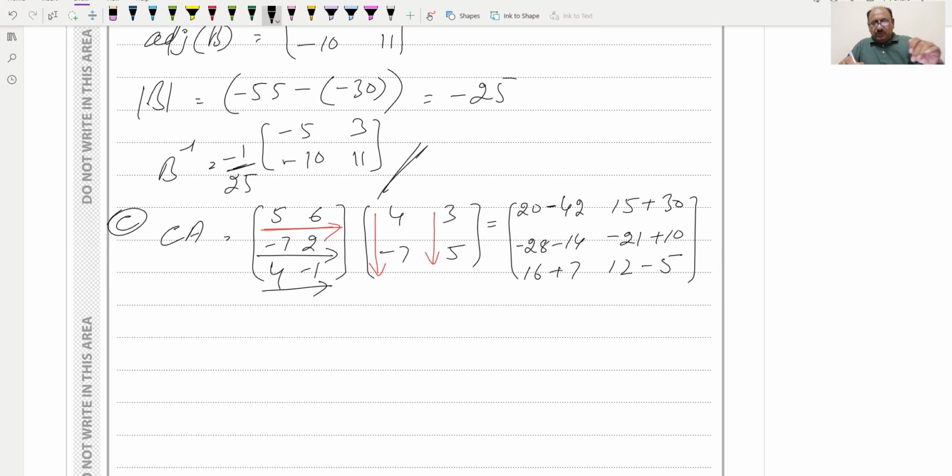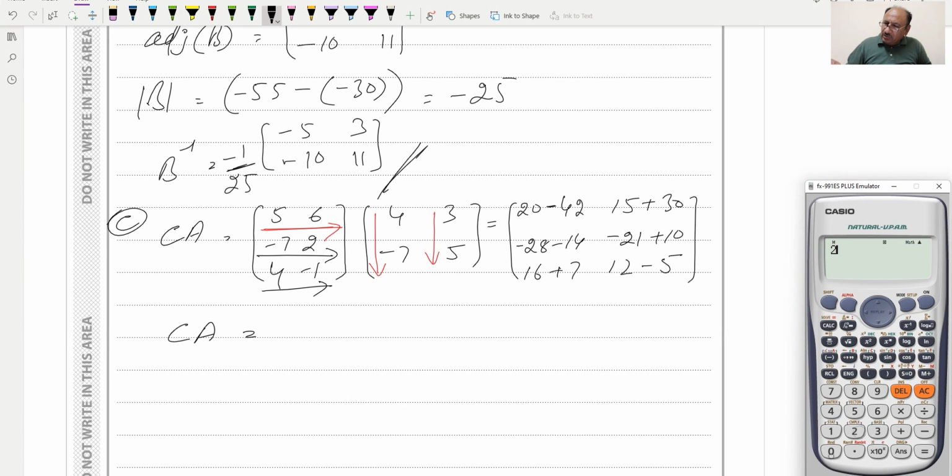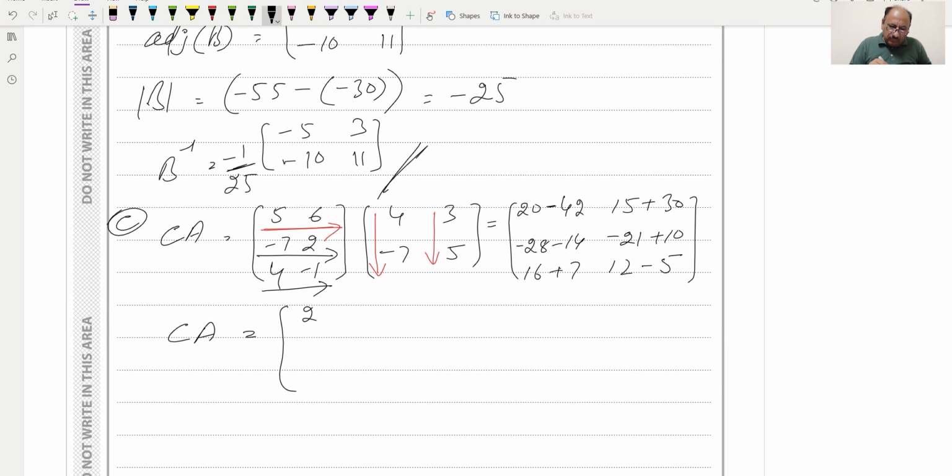Now we can write the final answer for CA. 20 minus 42, we can use calculator, is equal to minus 22, so we can write minus 22, and 15 plus 30 will be 45, minus 28 minus 14 will be minus 42, and this will be minus 11.